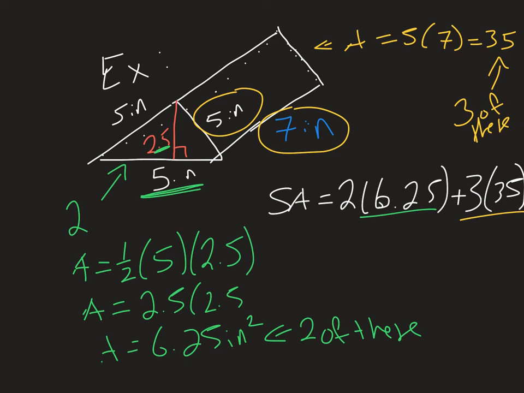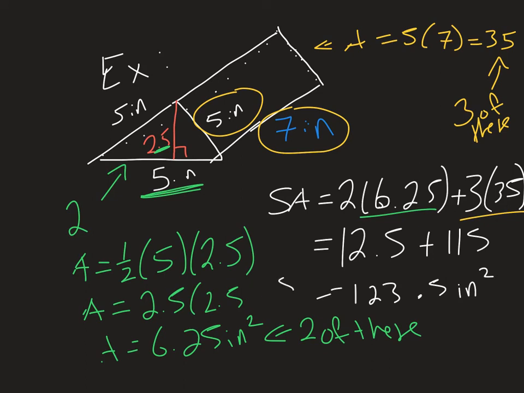We would add these up, and our surface area would equal 12.5 plus 115, which adds up to 123.5 square inches. And that would be our surface area.